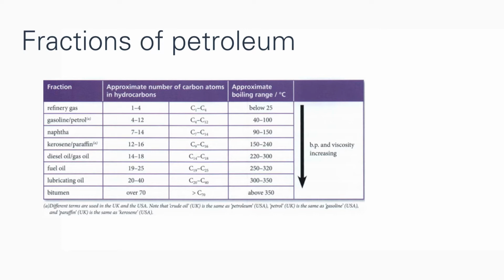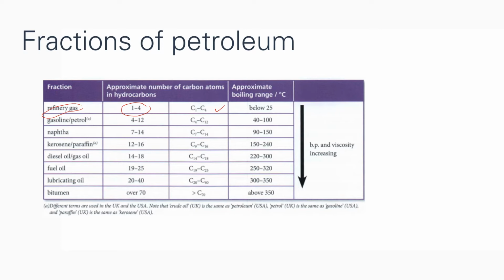The more carbon atoms in the carbon chain, the higher the boiling point. The first we get from the fractionating column is refinery gas, which contains 1 to 4 carbon atoms in the carbon chains of the hydrocarbons.